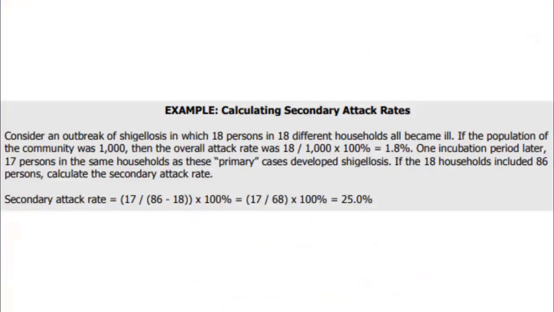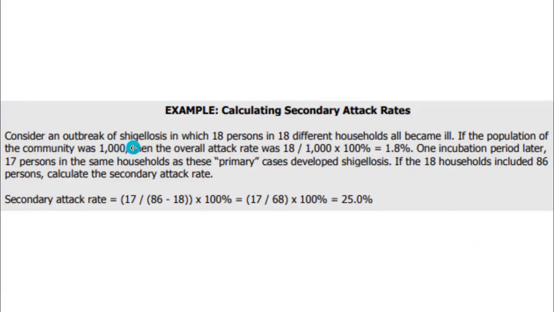So let's compute. So let me explain first, one by one, how do we get the 1.8 and so on. So initially, there was an outbreak of shigellosis. You know what shigellosis is, okay? You usually get this by eating contaminated food or water with Shigella, and the infection associated with Shigella is termed as shigellosis, okay?